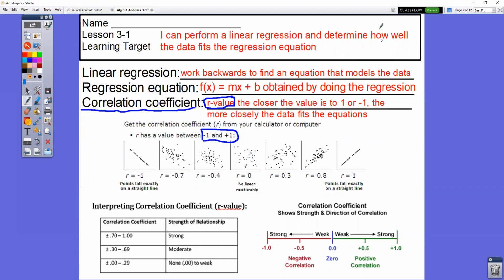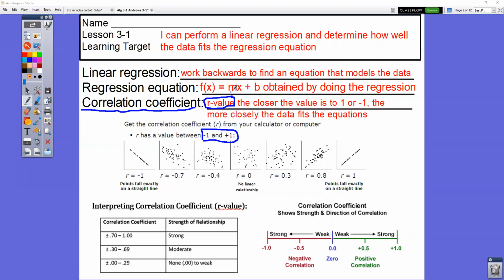Well, if it has an R value of -1, the R value of -1 means that it's going to have a negative slope, which means that the line as you go from left to right will be going down.